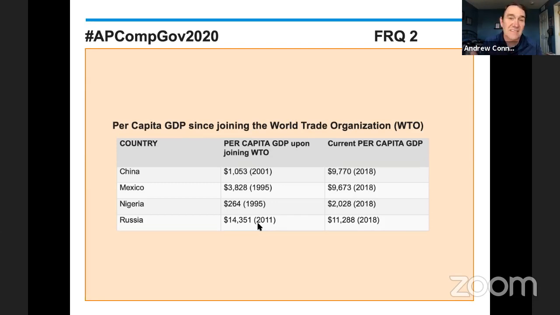I'm taking you back to some data that I presented to you in Unit 1, particularly some of the data that in the course description you are told you should be aware of, including per capita GDP, and then also you should be aware of neoliberalism. We'll talk about what neoliberalism is more today. We've mentioned it as part of Unit 5.